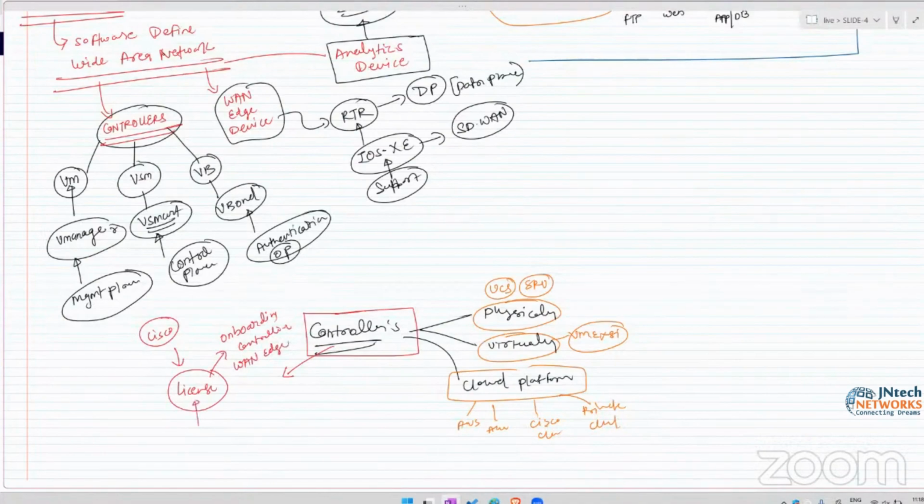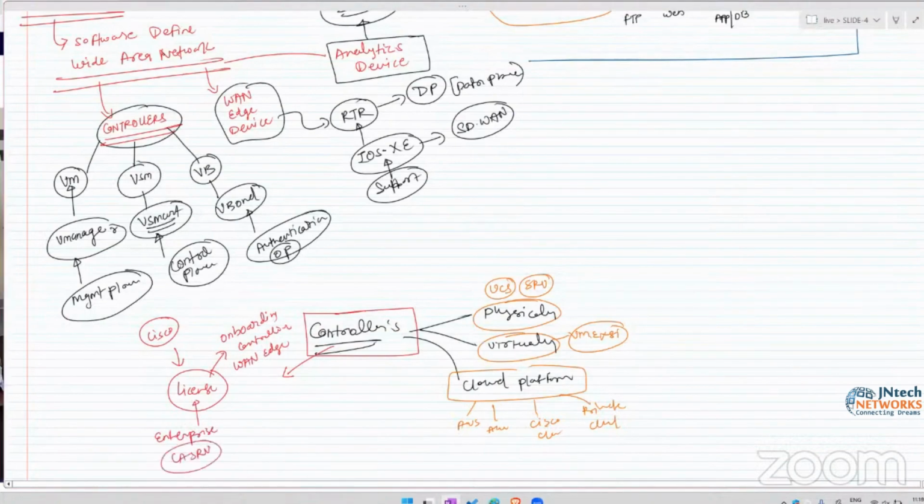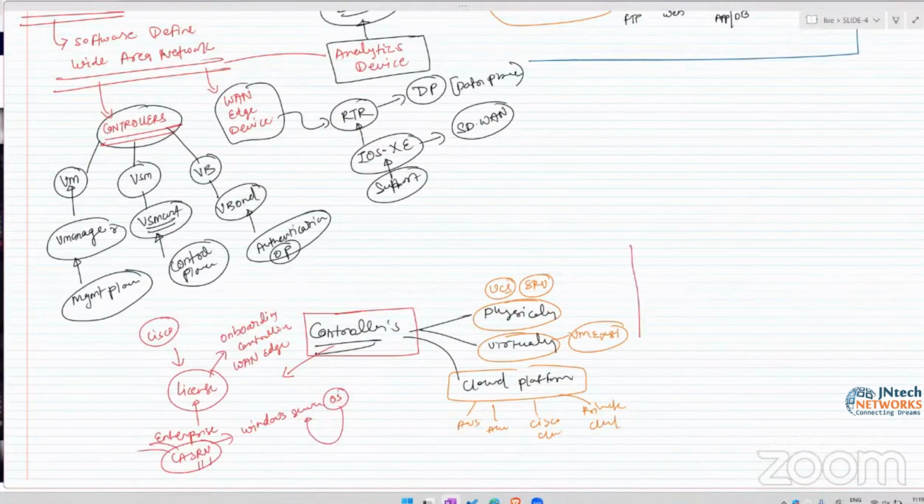This license concept you can also perform with an enterprise CA server. CA server means certificate authority server. This server will be installed on a Windows server operating system. If you have it, then we can perform. Now, one more thing.